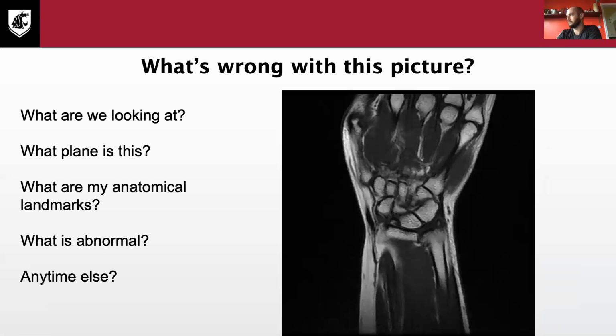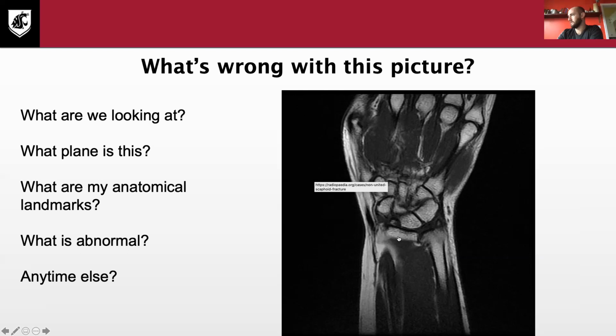And then lastly, what do we have here? What type of image? Yes, the MRI, good. And so we've got what plane? Again, frontal. And do we have anatomical landmarks here? Do we know if this is a left or right hand? So we've got thumb.